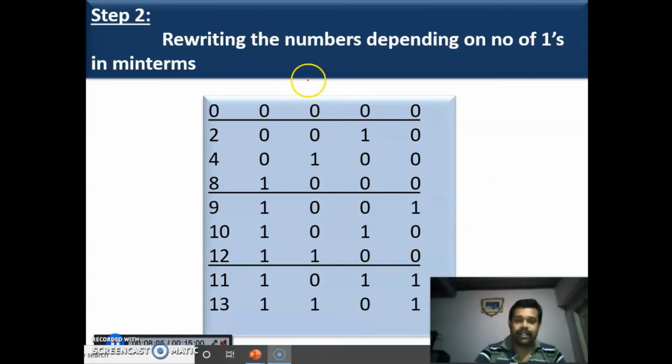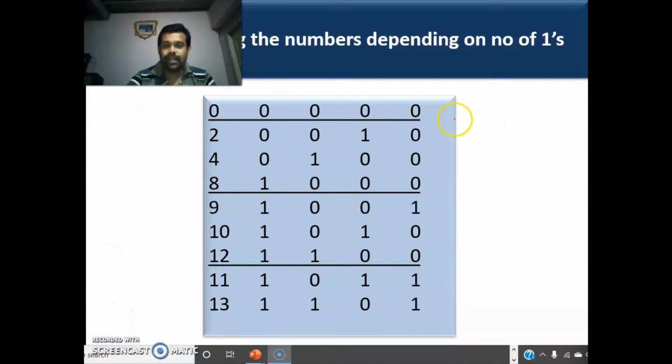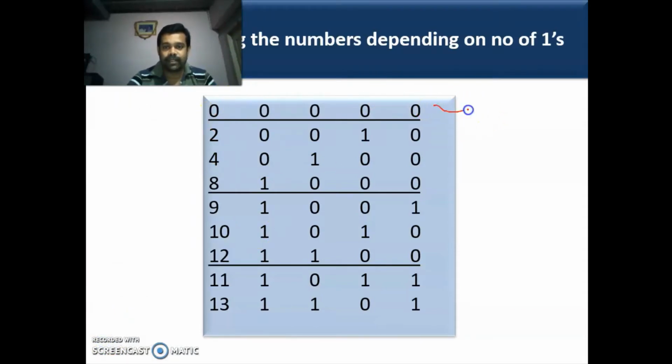So we have written the numbers which have no ones. First we have written 0, it is having no ones. Next we have written 2, it is having only 1 one. 4, it is having only 1 one. 8, it is having only 1 one.